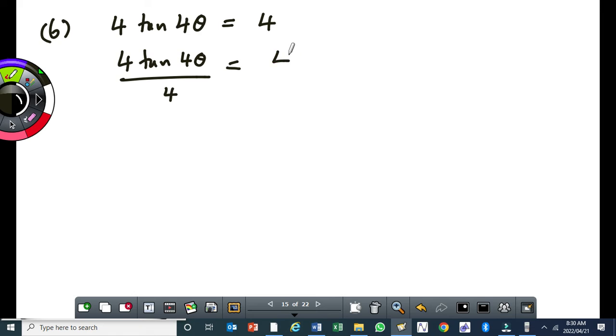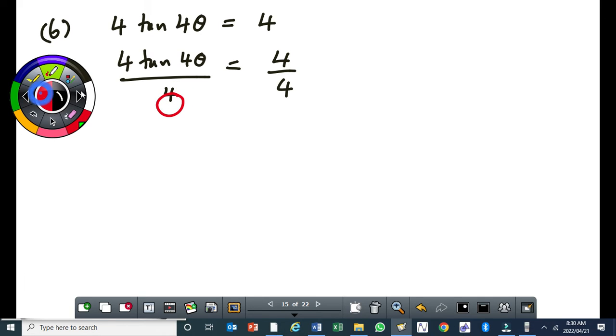This is equal to 4 over 4. Please don't get confused here. This 4 here is this 4 here. Don't think about it, see in this question we have got 3 4s. So this 4 here is the same as that, the same as this.